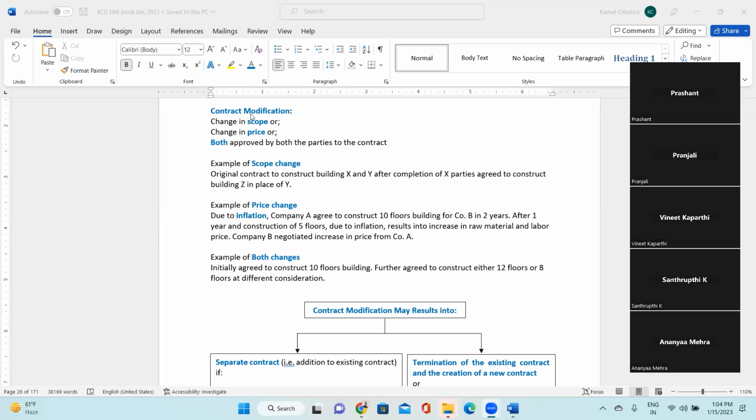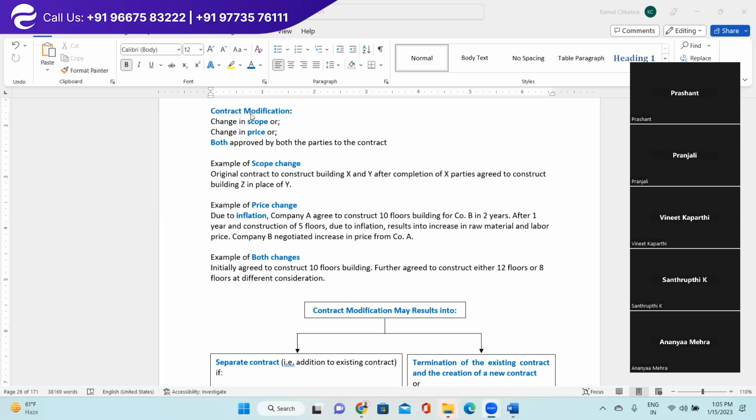Let's say I have a 250 square yard piece of land here in Pune, and you entered into a contract with a contractor to build stilt plus 4 on that piece of land. And luckily, you got a very good buyer for that piece of land, and it is giving you great income.